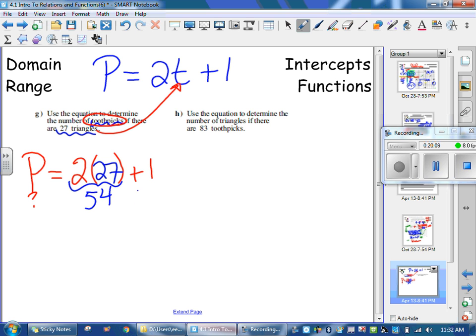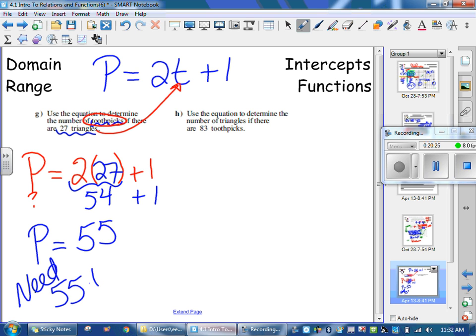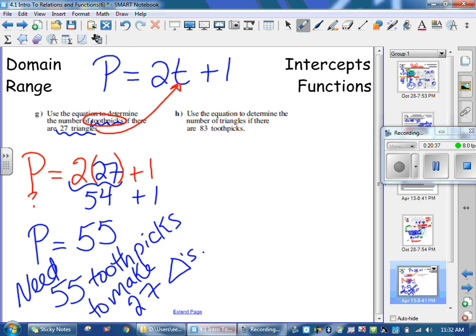We got to add 1, so we need 55 toothpicks in order to make 27 triangles. Okay, that's what that tells us. We need 55 toothpicks to make 27 triangles.